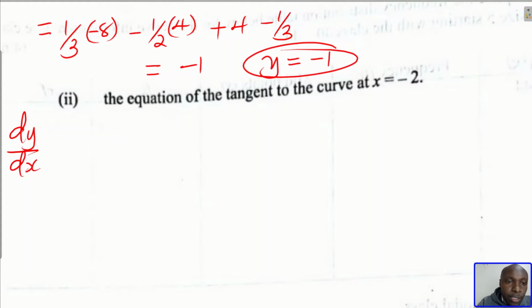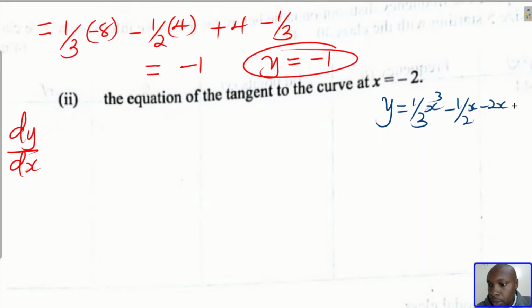So let me just write the equation of the curve here. It is y equals a third x cubed, minus a half x squared, minus 2x, minus a third. So we are going to differentiate this function, y, with respect to x, and that will give us the gradient function. So let us proceed.